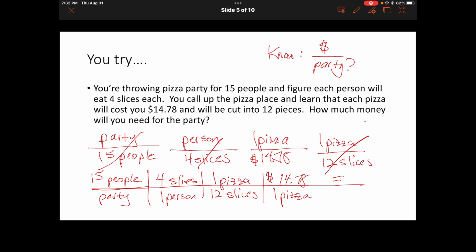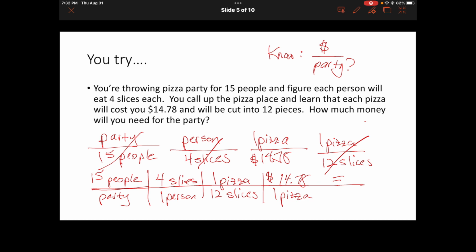All right, so we have 15 people times 4 divided by 12 times $14.78. Oh, here, this is what I'm having an issue with, my calculator. I left my good one at school, and we are not there now. Okay, there we go, there we go.